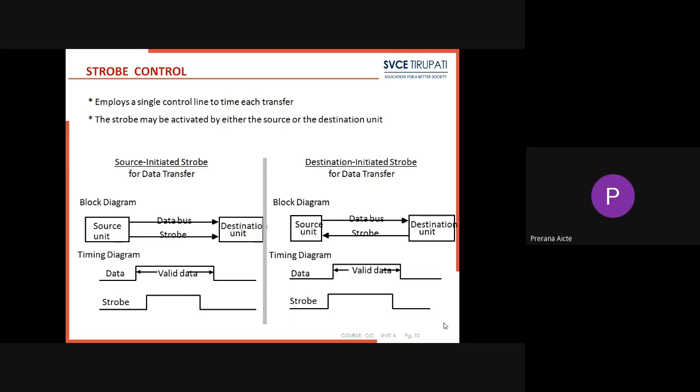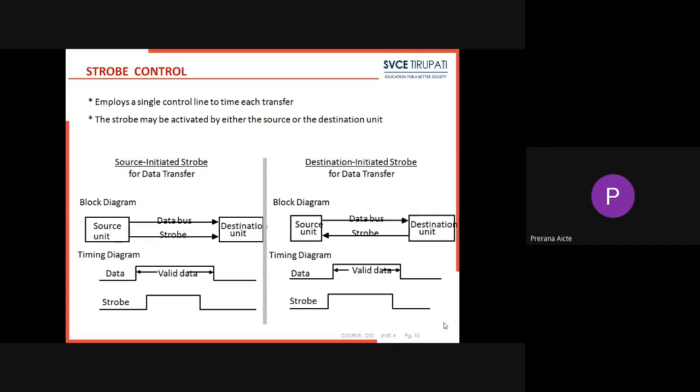The source unit responds by placing the requested binary information on the data bus. The data must be valid and remain on the bus long enough for the destination unit to accept it.